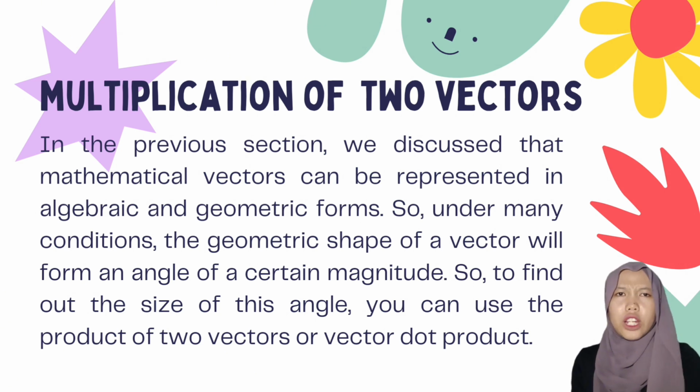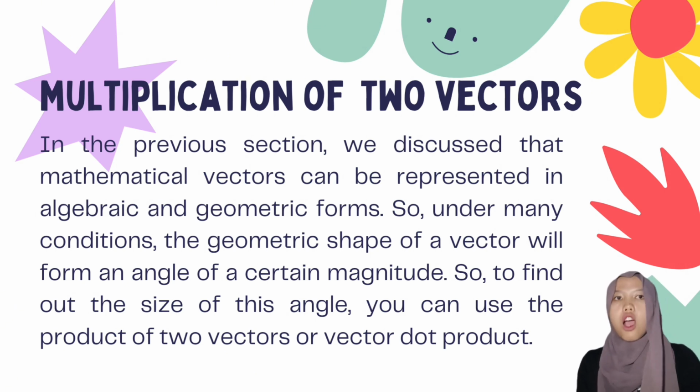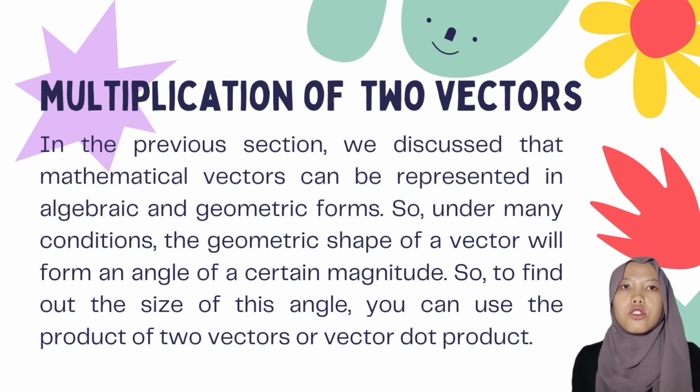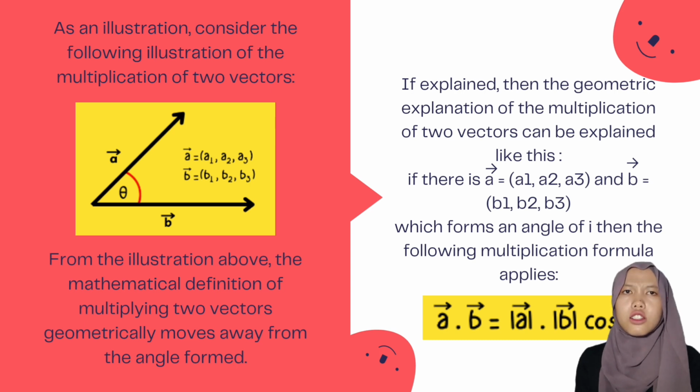To find out the size of this angle, you can use the product of two vectors, or vector dot product. As an illustration, consider the following illustration on the multiplication of two vectors.